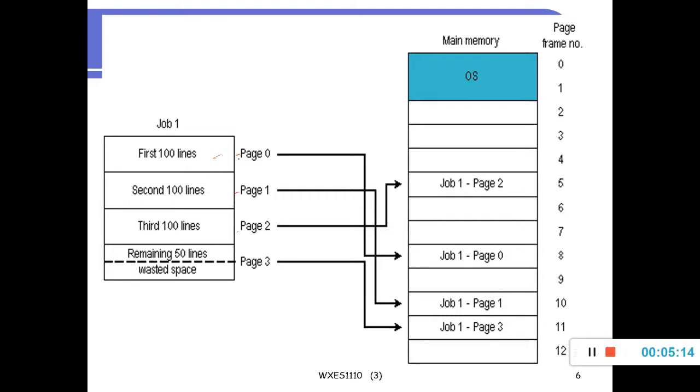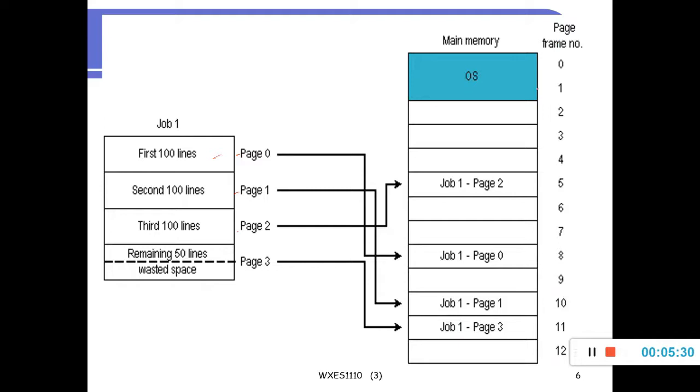So page 0 you put here as job 1 page 0, and then page 1, page 2 and page 3 also.